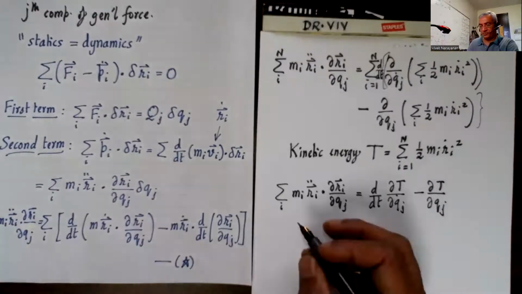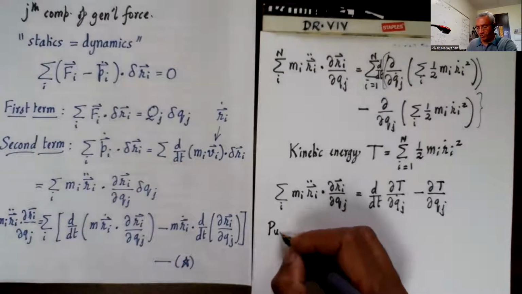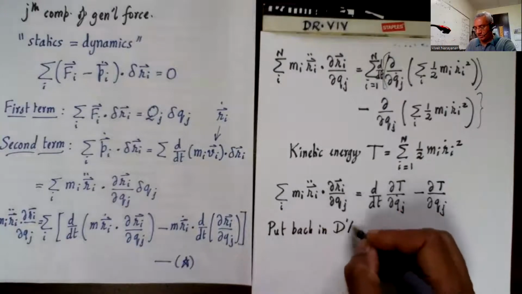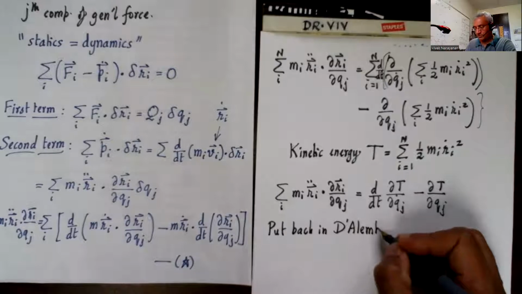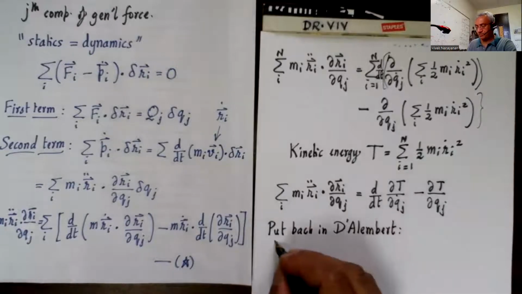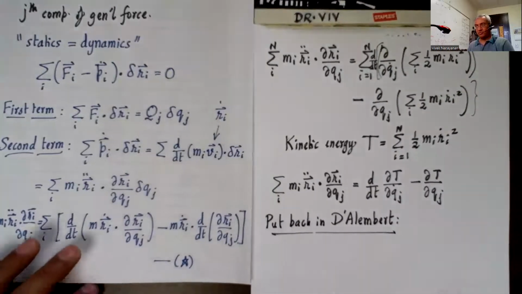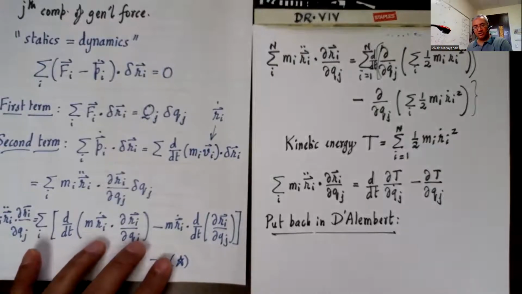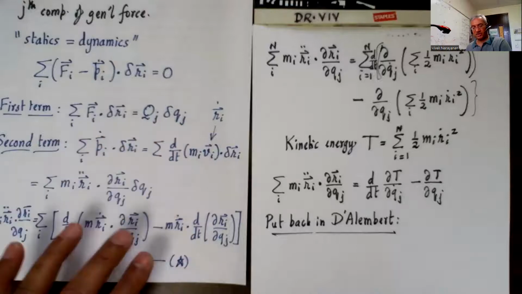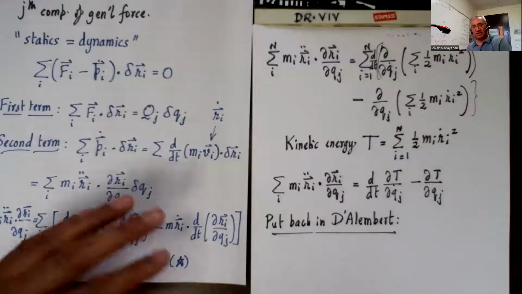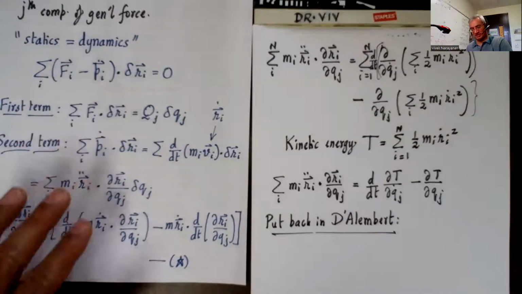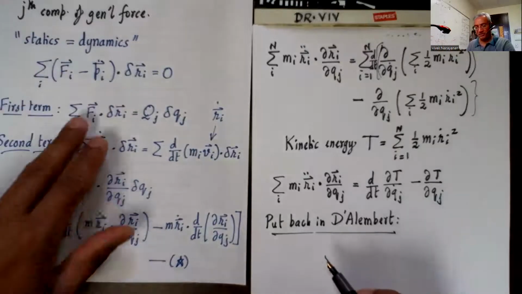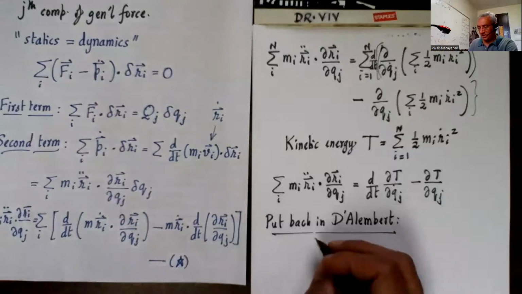So put back in D'Alembert. The first term is this, the second term is that, but it doesn't matter, because the minus sign can be taken outside, so I'll put the second term first, okay?